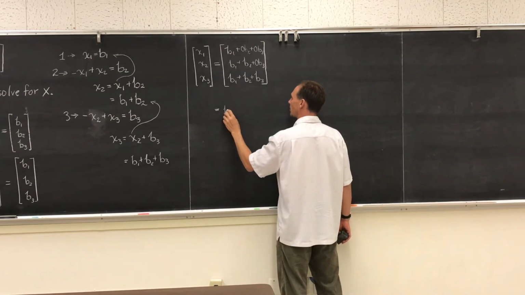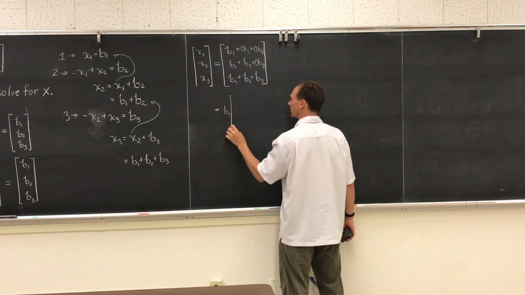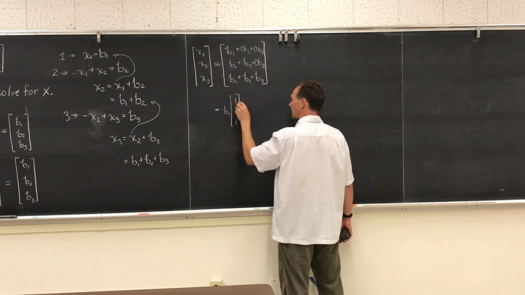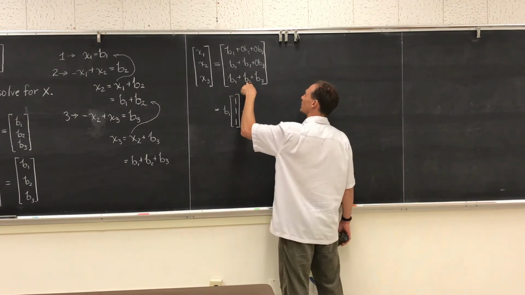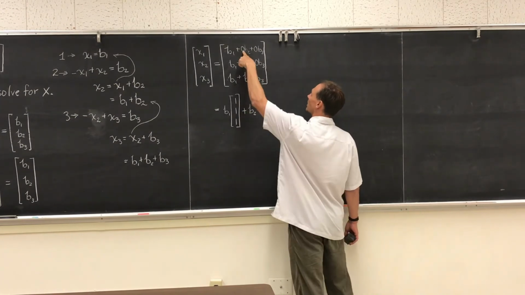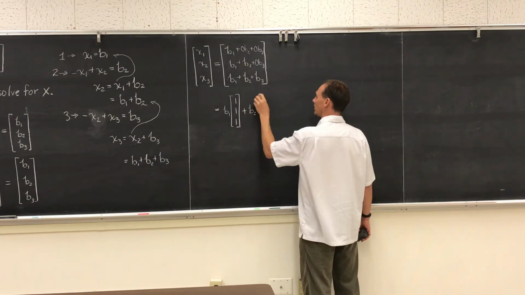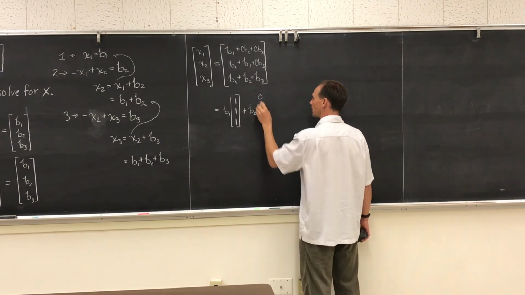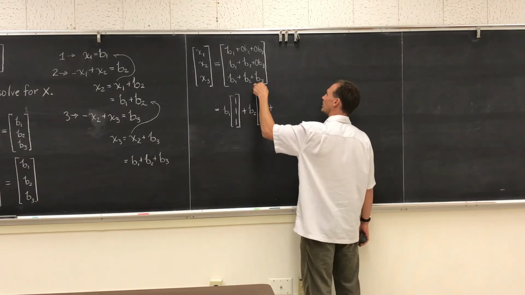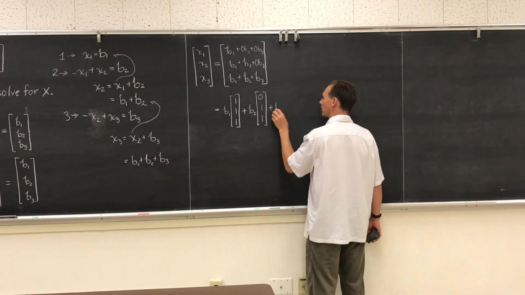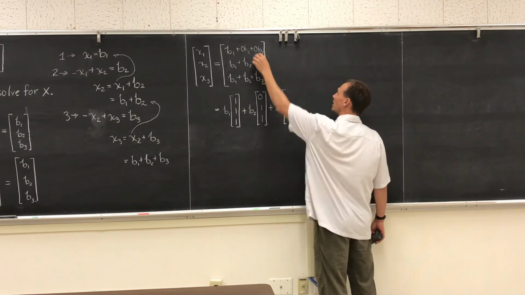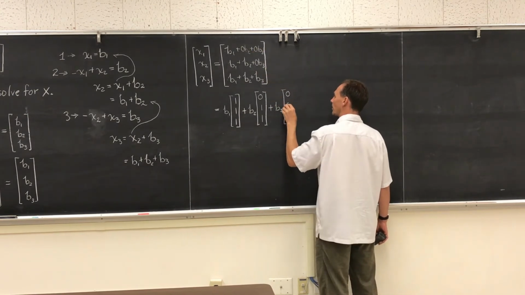This is B1 times the vector of 1, 1, 1. Plus, look at this, we have this common multiple of B2, and it's times 0, 1, 1. Plus, notice that I have this common multiple now of B3. B3, that's the scalar. We have 0, 0, 1.